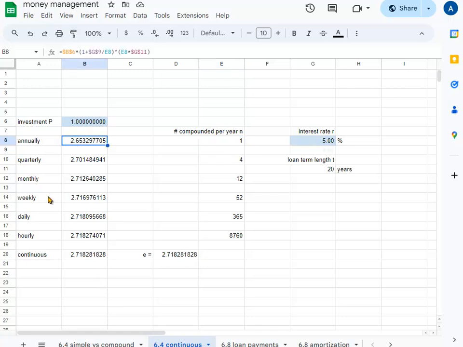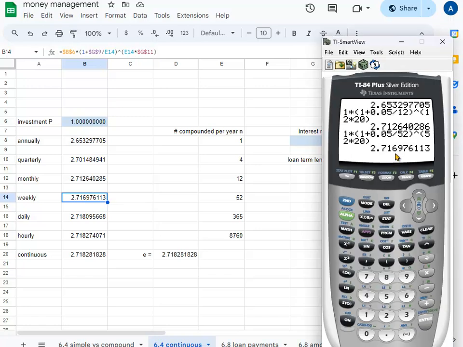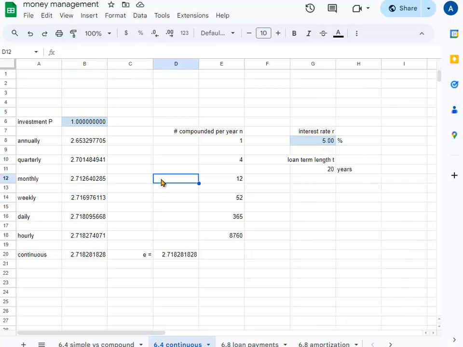And it's 2.65. I showed the monthly, $2.71. I showed the weekly, still a little bit more. Actually, let me check. Was that true? Yeah, just a little bit more, right? $2.71 and another 69 and so on. And then daily, this is where it would be 365, and then hourly, whoa, $2.71, 82, and so on.